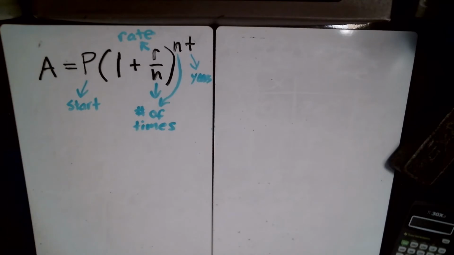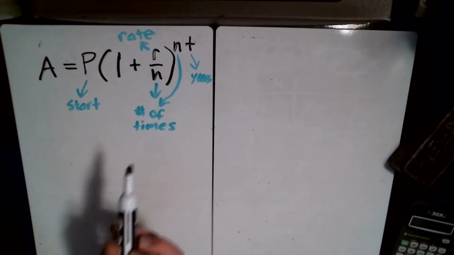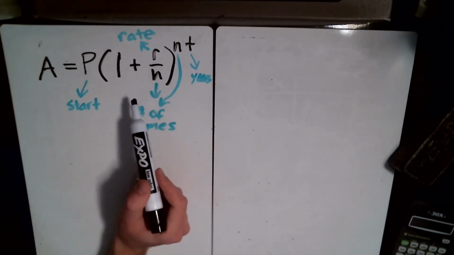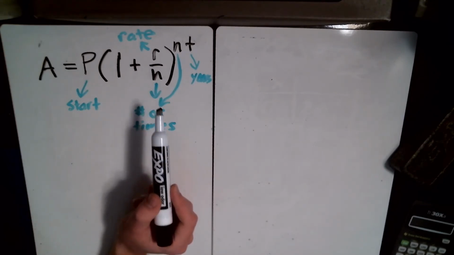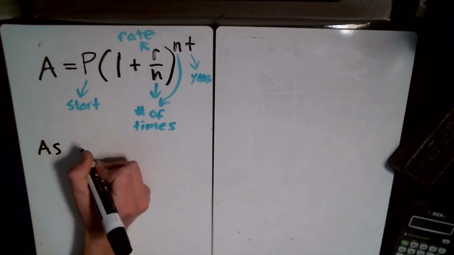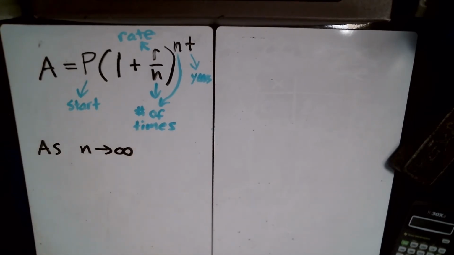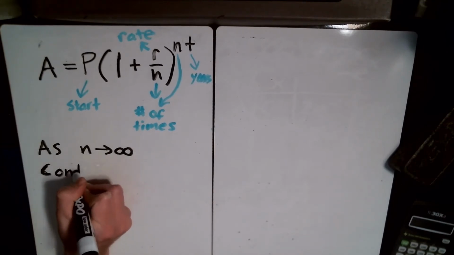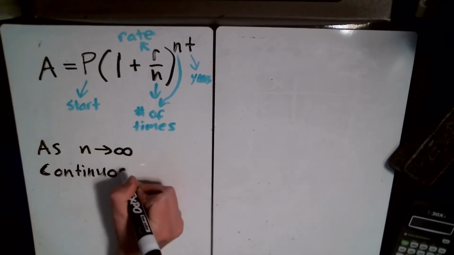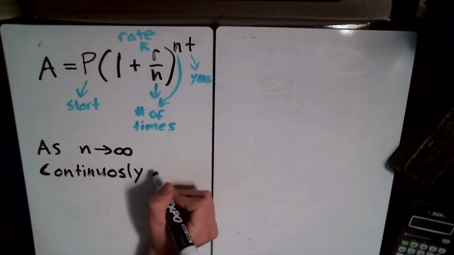Now I think we talked about this in 1010 as well, but the idea with e and how that shows up in interest is if you let n get really large. In other words, if you make the number of times that you're compounding the interest go to infinity, then you're dealing with continuously compounding interest, meaning that you're getting interest every moment of the day.